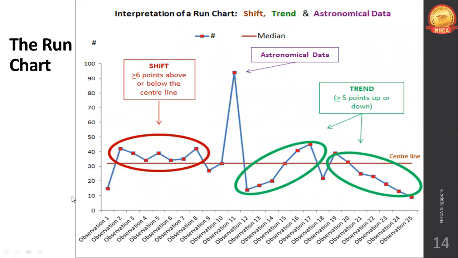But if you are putting it like 1000, 2000, 3000, and it is 6 points above, it means today there were only 1000 cases, but tomorrow, when at the end of the day you got the report, it was around 6000. So it was above 6 points. That means it's a shift.